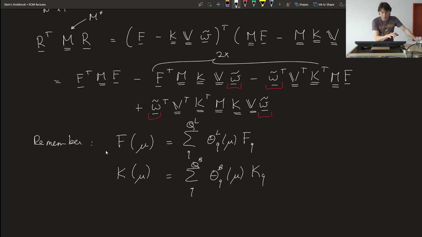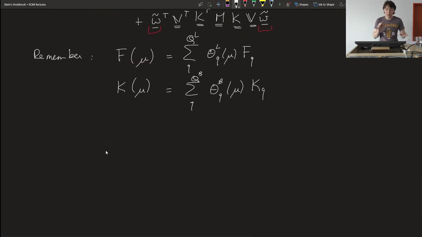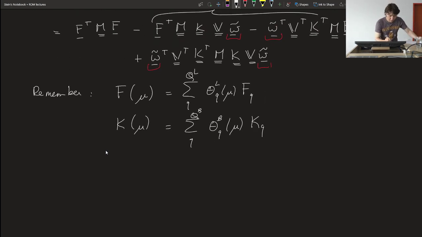So you'd work out the sum, and you would find that you can actually write that as a collection of parameter independent components. If we do that, then the first term, F transpose M F, well, the mass matrix is constant, right? So this only depends on this parameter dependent F, mu.